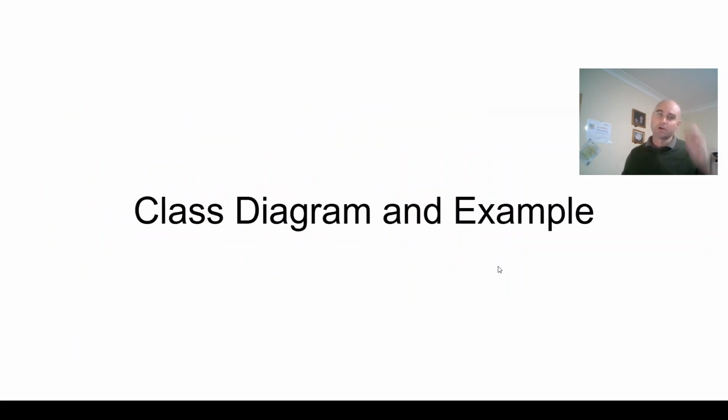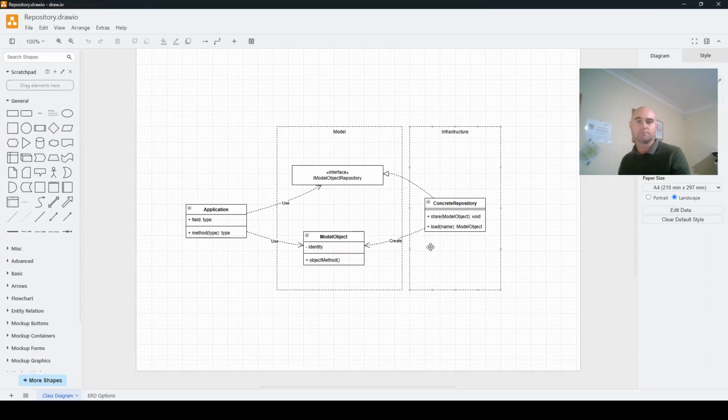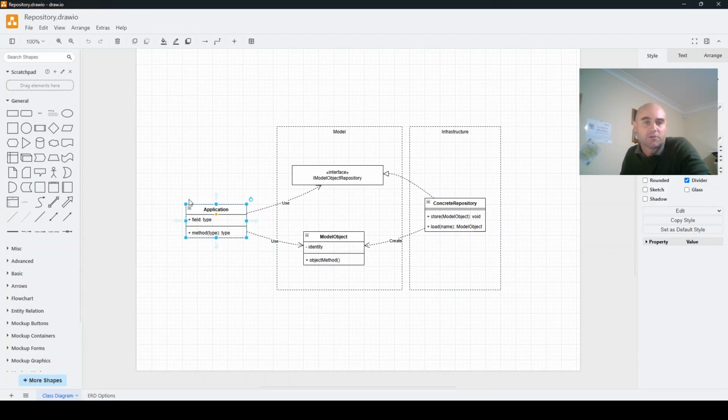Okay, so we're going to have a look at a class diagram, and that is right here. And this is really simple. We've just got our application, which is the thing that's going to use the object. It depends on an interface, in this case the IModelObjectRepository, which is an abstract name.